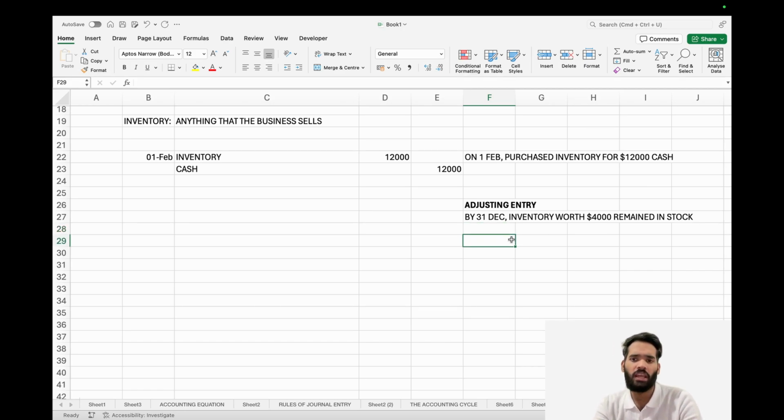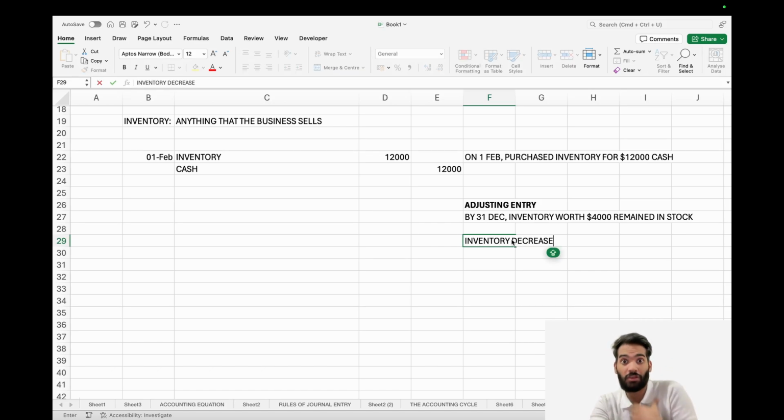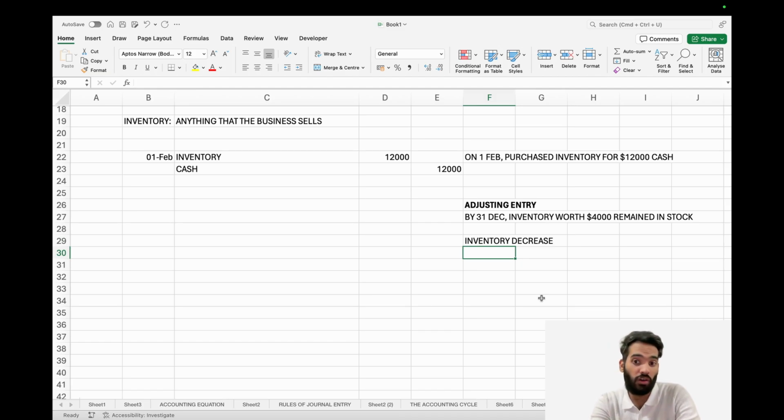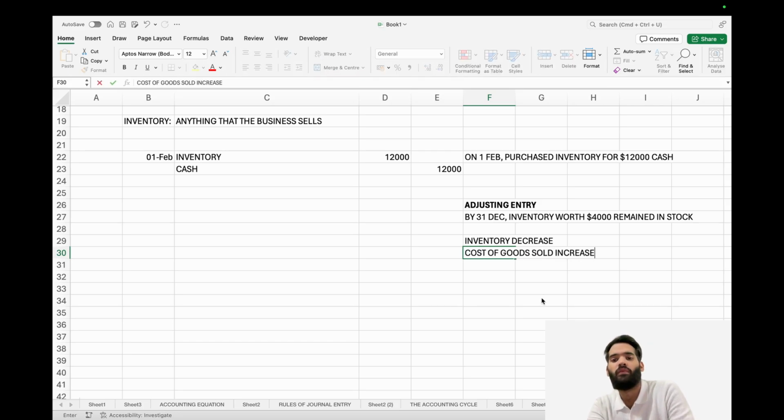So obviously, if my inventory value is going down, my inventory account will decrease. I have to decrease it, right? I have to adjust it. And since we lost value, this is an expense. Which expense should I record? Just increase the cost of goods sold expense for this amount.